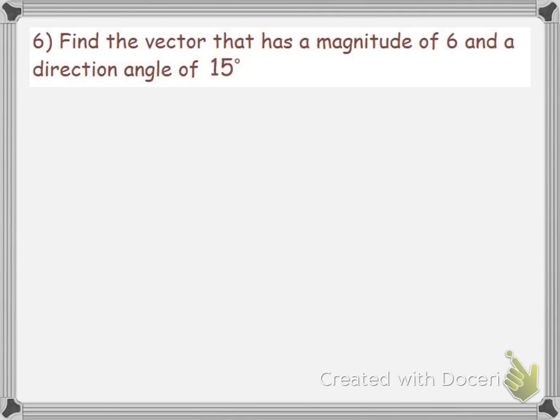So to find the vector that has a magnitude of 6 and the direction angle of 15 degrees, I need to find the components of that. So I'm going to have to find a, I have 6 times cosine of 15 degrees, and then to find b, 6 times sine of 15 degrees.